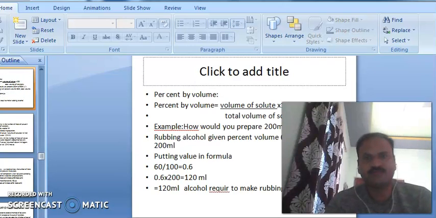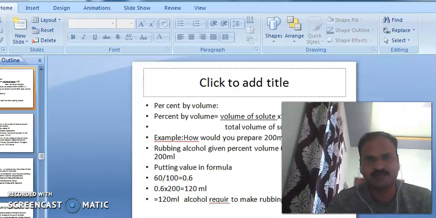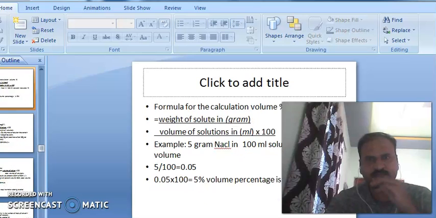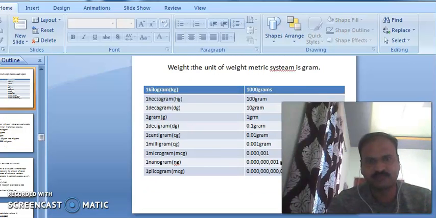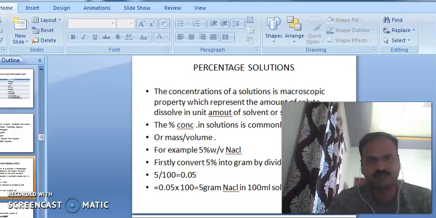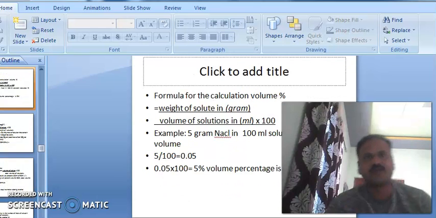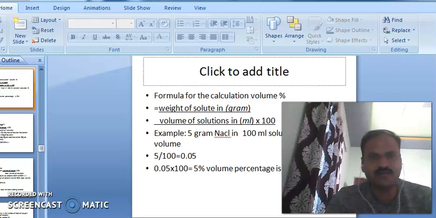Percent by volume. Concentration. Formula for the calculation of volume percentage: weight of solute in gram upon volume of solution in ml into 100.